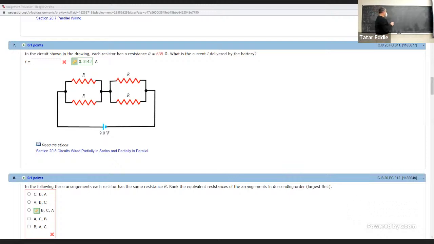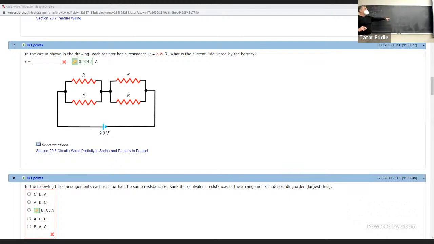Yeah, okay. The same story for the second set of two resistors. You can replace it with a single resistor with resistance 127.5. So the equivalent circuit would look like this, the same voltage.